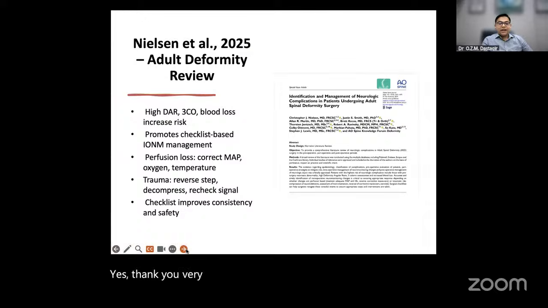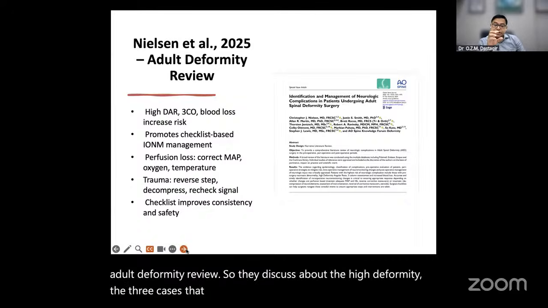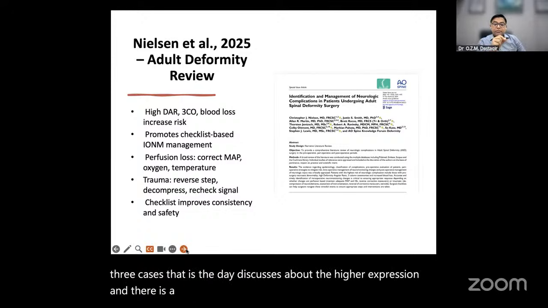And in 2025, there is a Nielsen adult deformity review. They discuss the high-risk patients, with three-column osteotomy and increased blood loss.